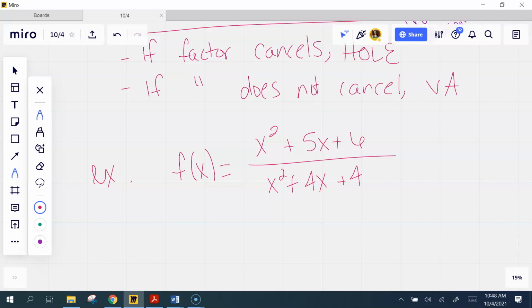What are you going to simplify? What are you going to do? I'm going to try to put it in linear factors. You're exactly right. I'm going to try to factor it, because I need to know, does it cancel out or does it not cancel out?